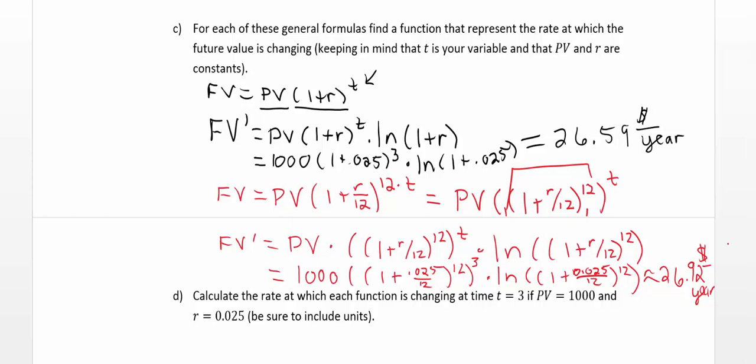We can see here that when we compound monthly, the rate at which our investment is increasing is slightly higher than the rate when we're annually compounding. So when you go to do your investments, if you have the choice between annual compounding and monthly compounding, monthly is going to get you a little bit more money. And the more money you invest, the bigger difference this makes. And we're able to use derivatives here to figure out how quickly our investment was changing because we were able to calculate the rate of change of an exponential function using our derivative rules.